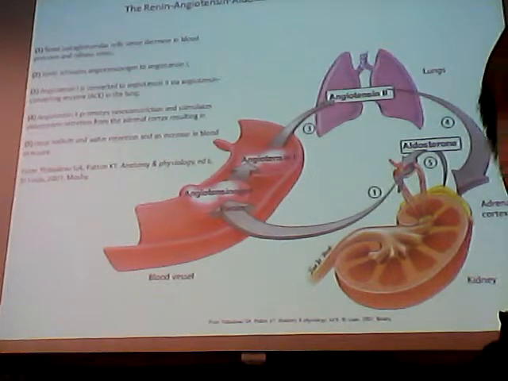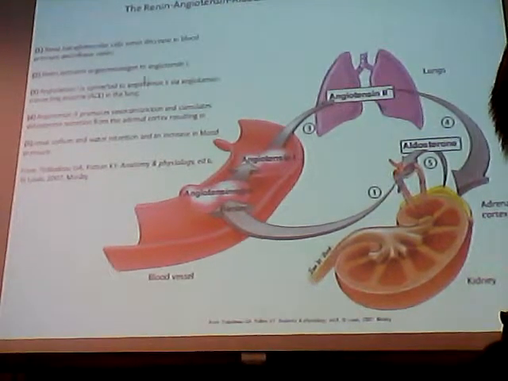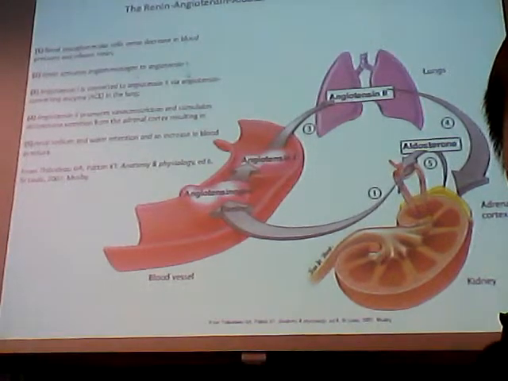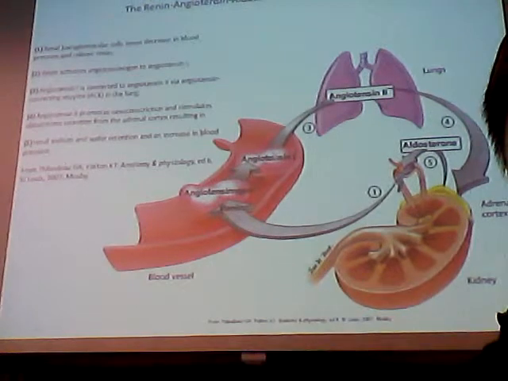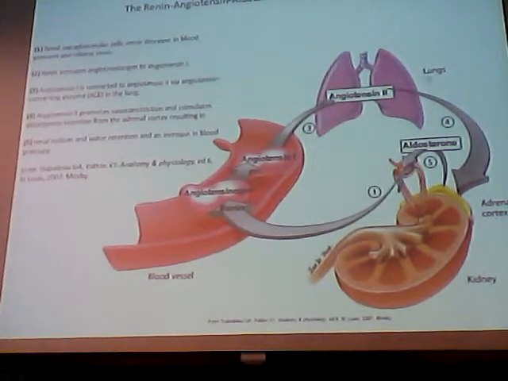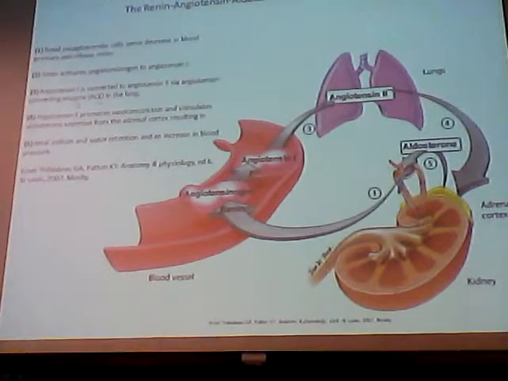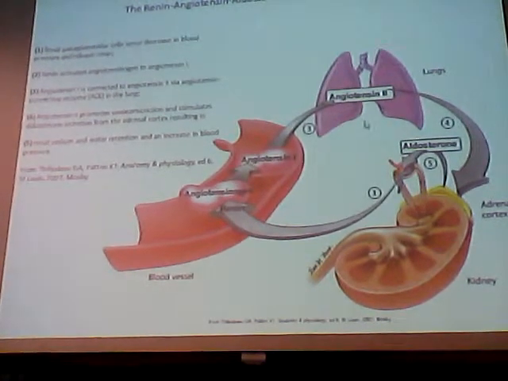So the kidneys secrete renin, which activates angiotensinogen to angiotensin 1 in the blood vessel. Then angiotensin 1 gets converted to Ang2 by ACE, angiotensin converting enzyme, in the lungs.